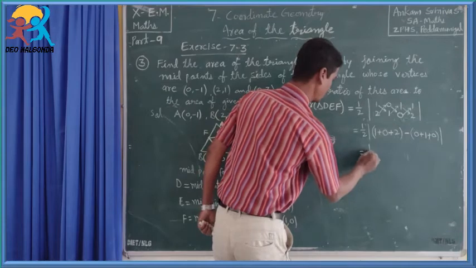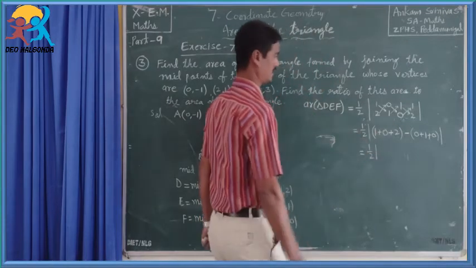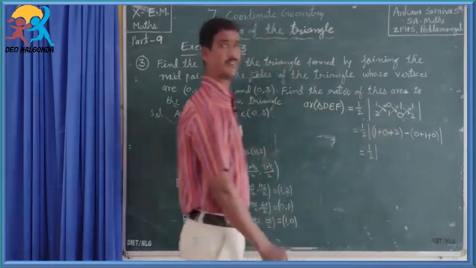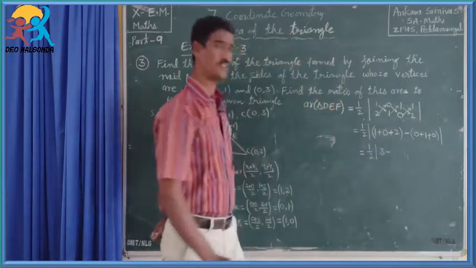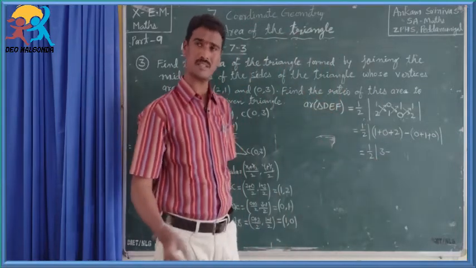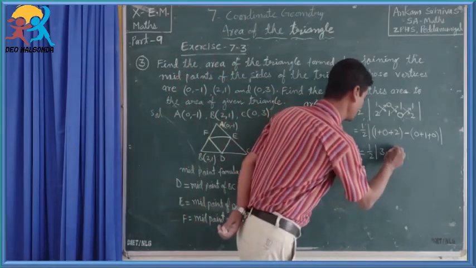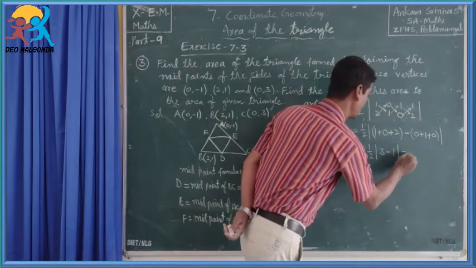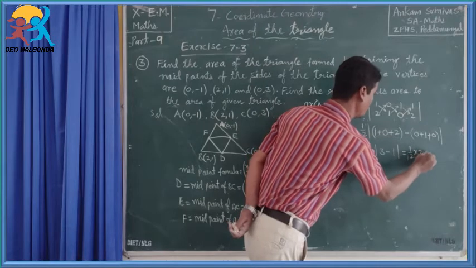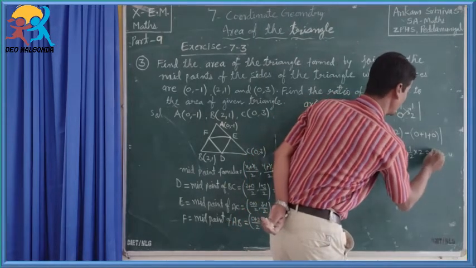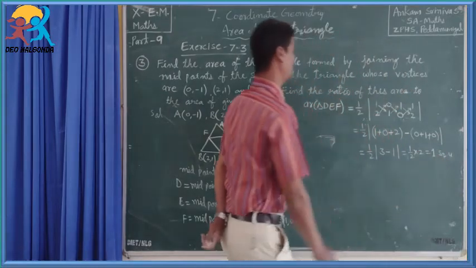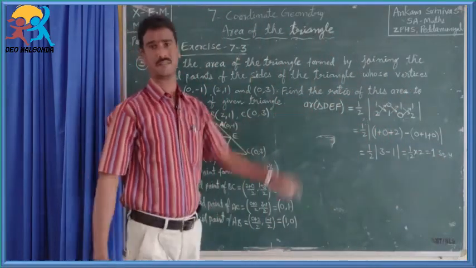So here 1 by 2 into (1 plus 0 plus 2, 3, minus 0 plus 1 plus 0, 1). Then we will get 1 by 2 into 2 equals 1 square unit. We got 1 square unit as the area of triangle DEF.